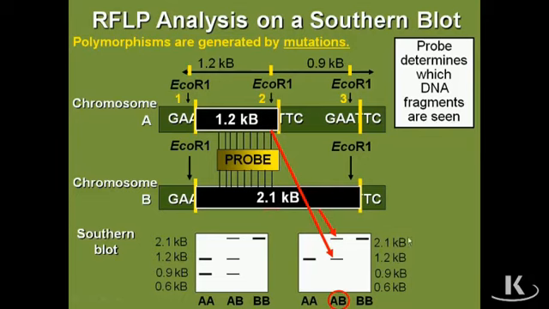This would actually be what this particular individual looks like. You see that they would have one of the 1.2 kilobase fragments, that corresponds to the ladder over here, 1.2 kilobase, and they would have one of the 2.1 kilobase fragments. So this is what this individual's banding pattern would look like.